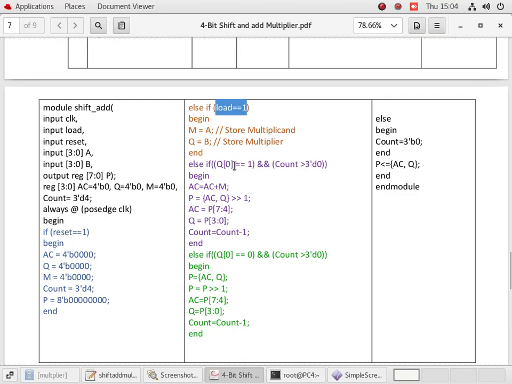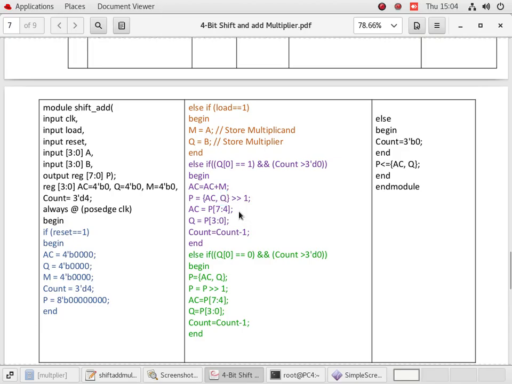Now we start verifying the Q0 value. If Q0 is 1 and the count value is greater than 0, then the accumulator and M value are added, and after it is added, the accumulator and the Q value are concatenated and right shifted by 1 bit.